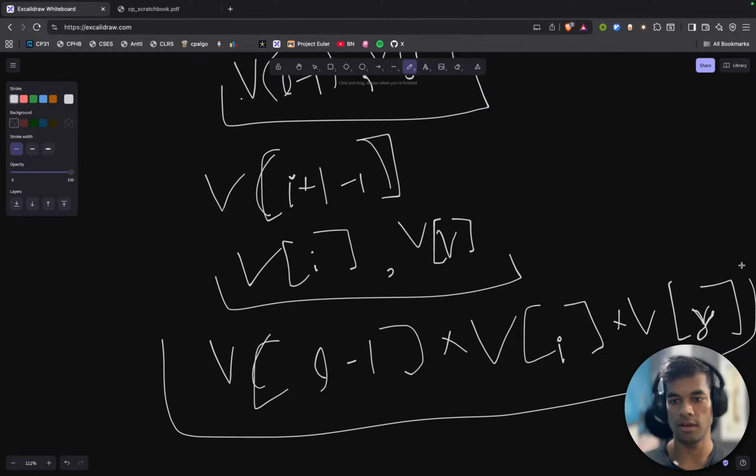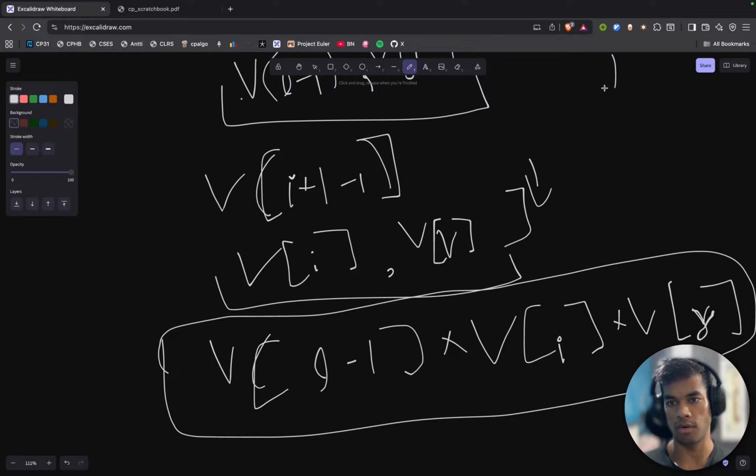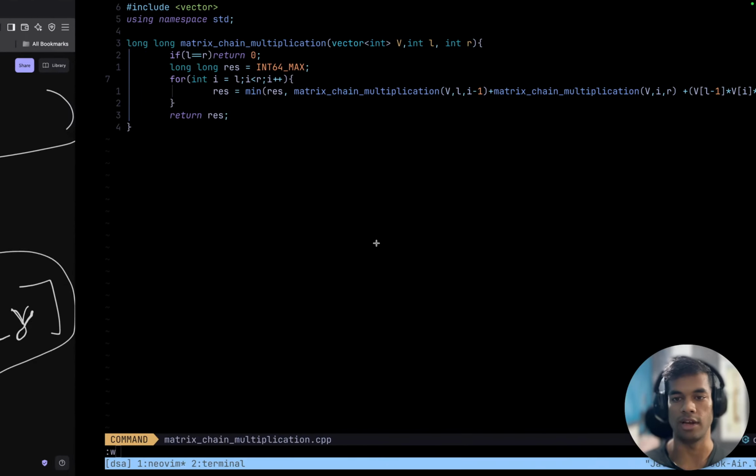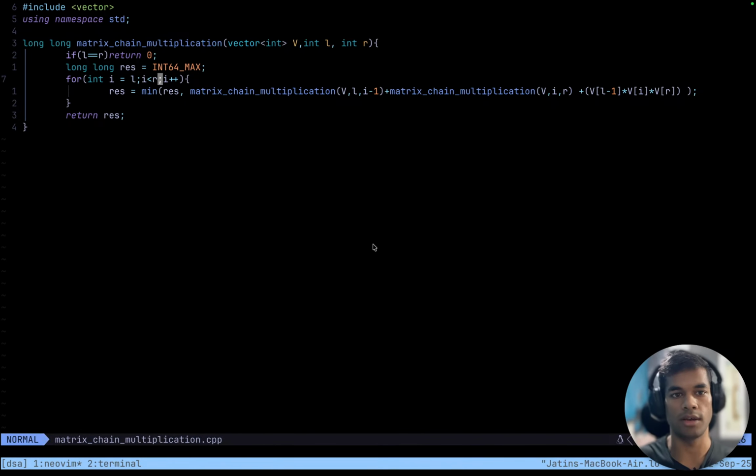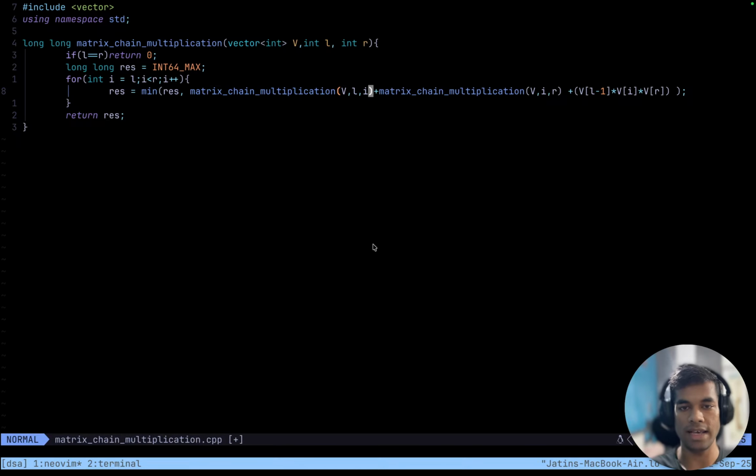So this thing is going to be the product of the matrix that we get from the left side and the matrix that we get on the right side. That is what I have written here. Plus the minimum number of scalar multiplications on the left side, where on second thoughts, I is going to be included on the left side.